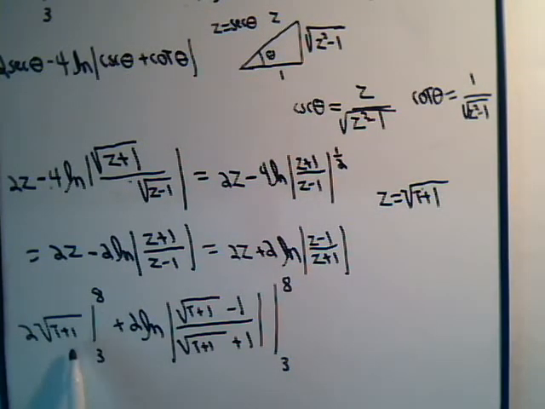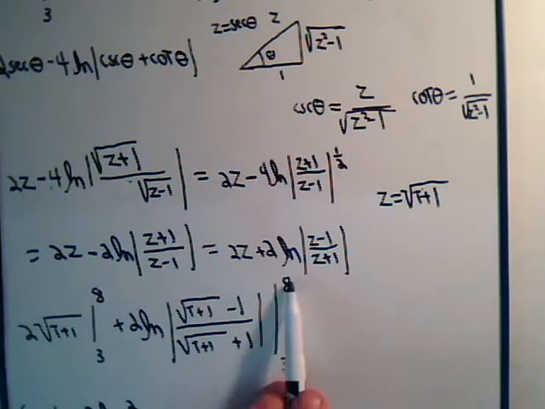Okay, 8 plus 1 is 9. The square root of 9 is 3 times 2 is 6. Minus, when t is 3, that's 3 plus 1 is 4. The square root of 4 is 2 times 2 is 4. Plus 2 times the natural log. Square root of 9 is 3. Minus 1 is 2.